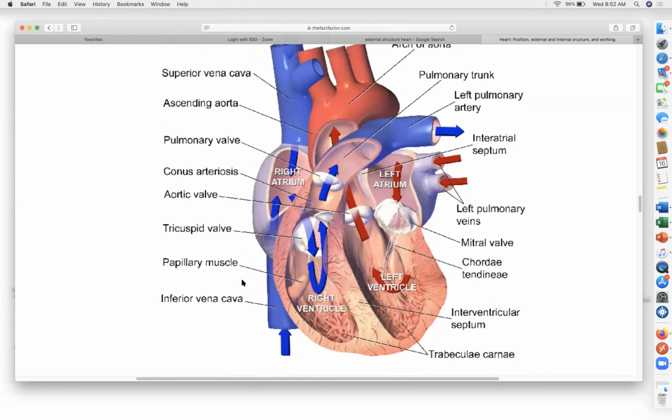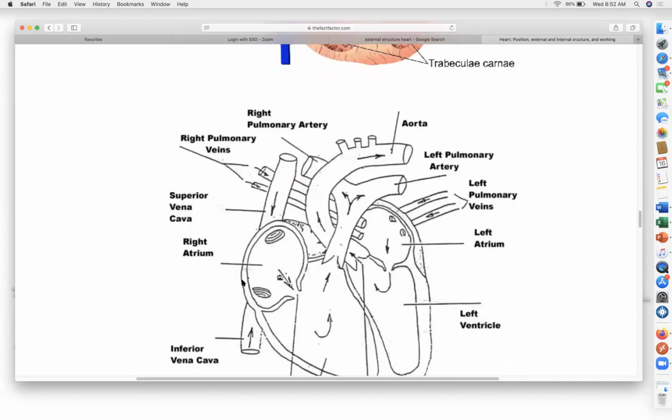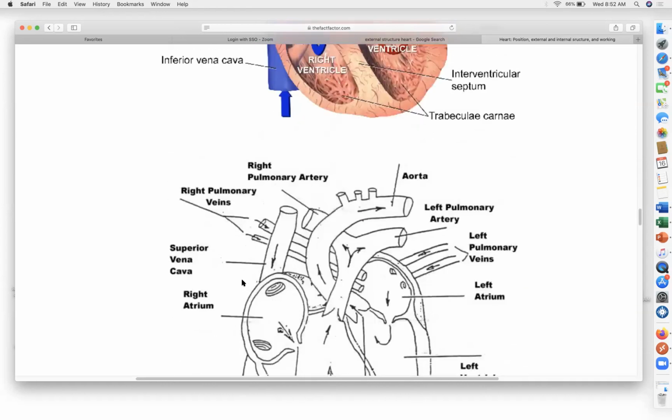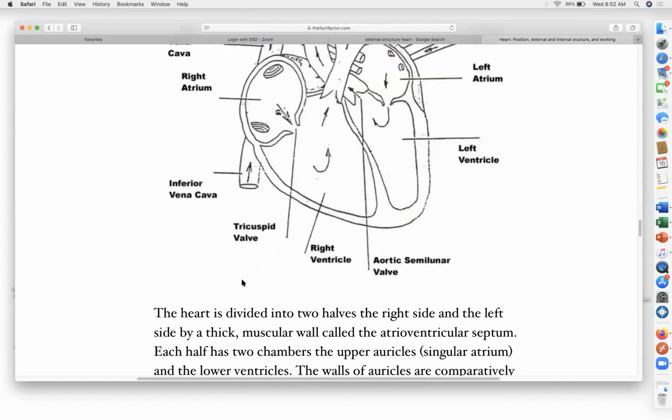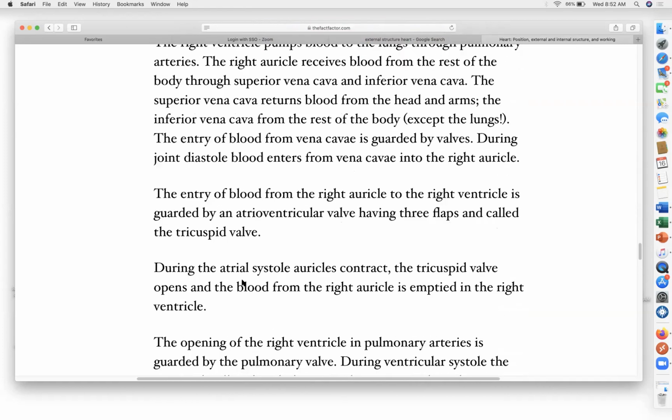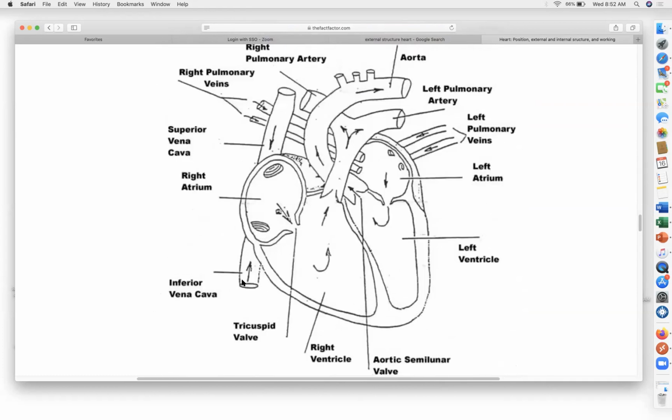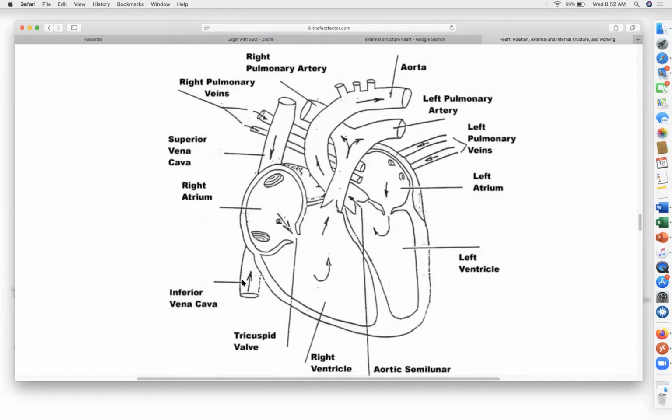Now, let's look at this one because it's more diagrammatic. This is the internal structures of the heart, and I'll tell you that this is the anterior view.